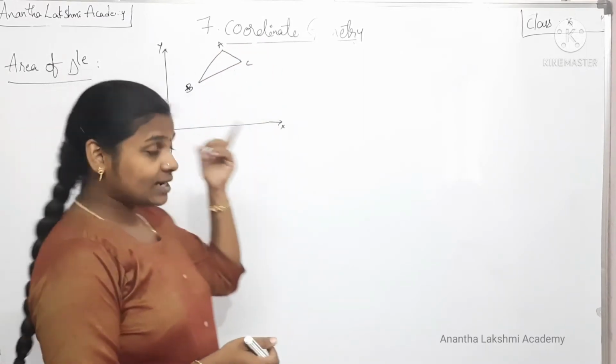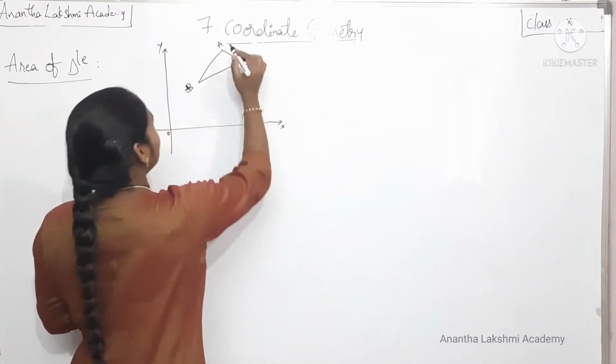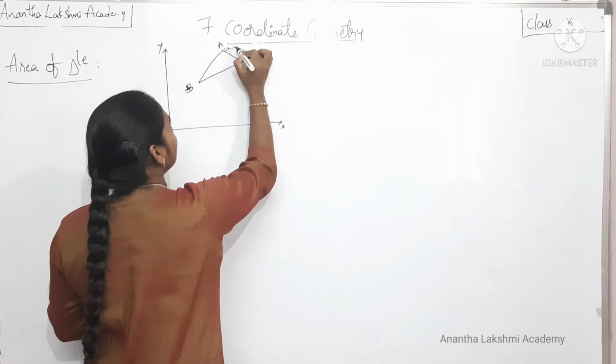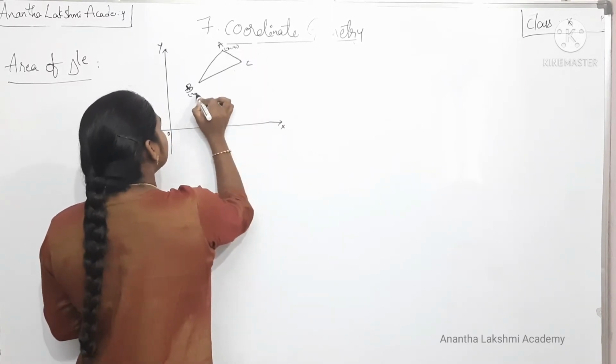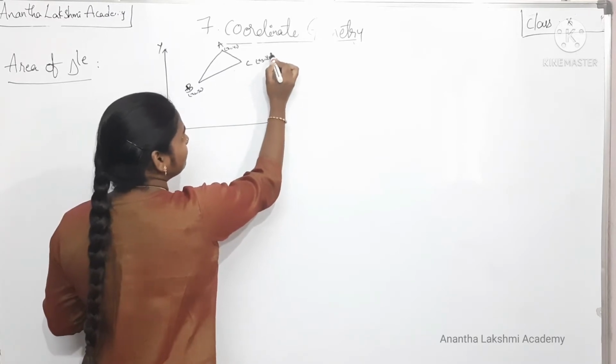Now, where is this triangle? This is in the coordinate plane. Now, for A, the coordinates are x1, y1. For B, the coordinates are x2, y2. And for C, the coordinates are x3, y3.